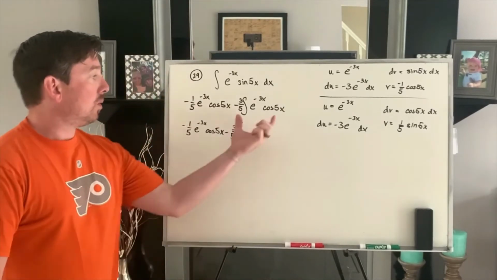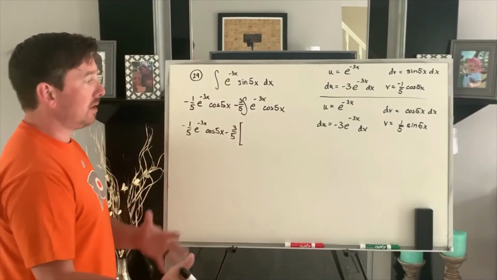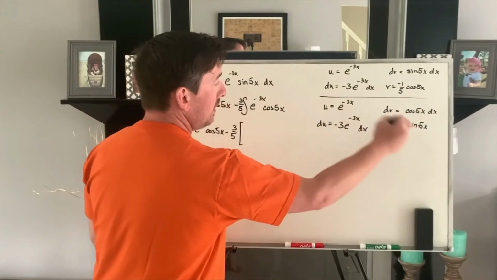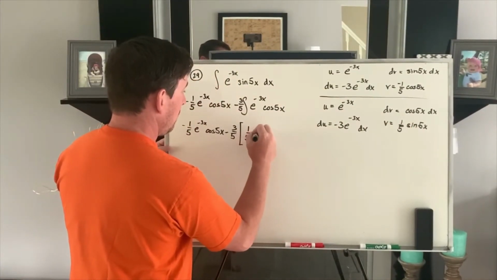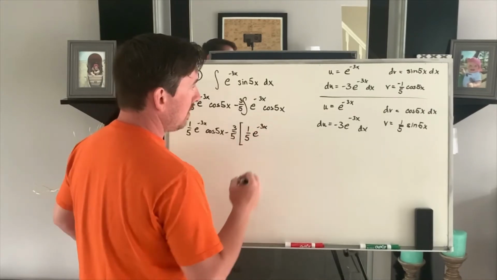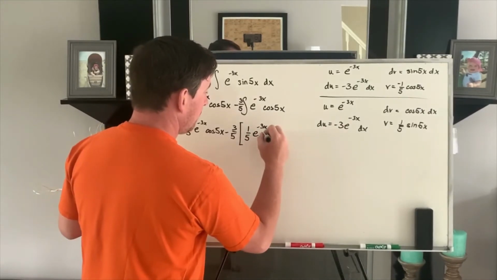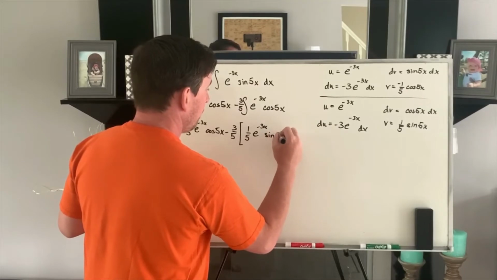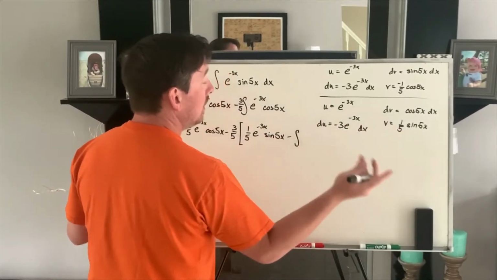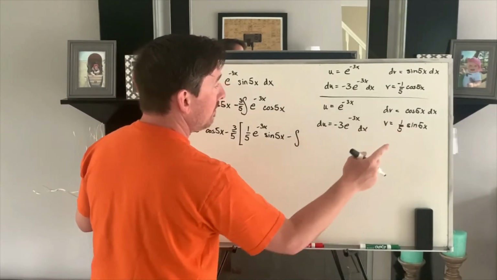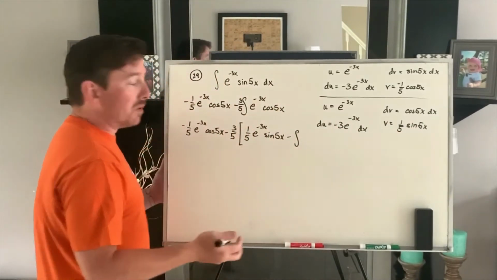All right, so this whole integral is going to expand into uv, so 1/5 e to the negative 3x sine 5x minus the integral of v du. So again, we've got a negative 3/5. Let's bring the negative 3/5 out.